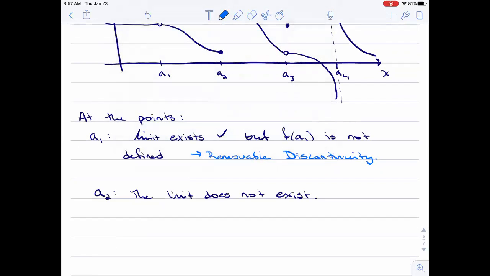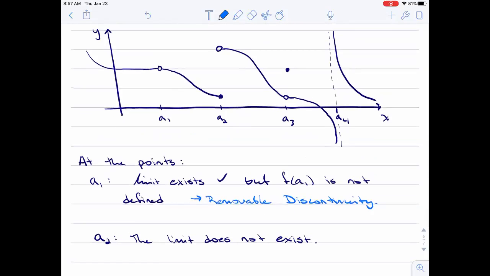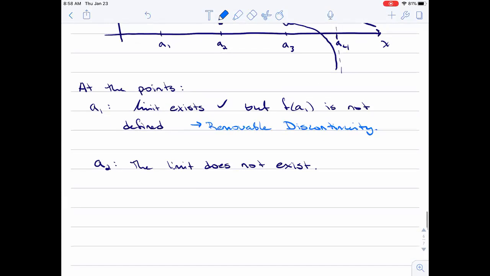So we end there. This is called a jump discontinuity, right? Because we've got this kind of jump going on here, right? So it makes sense. This is called the jump discontinuity.